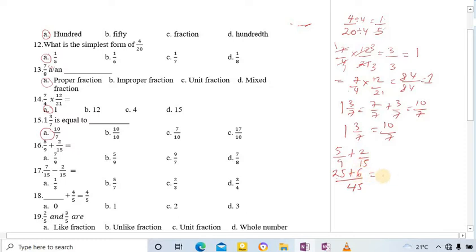So we have 31 all over 45. Our answer is 31 out of 45, and unfortunately it's not part of the possible answers, so we put it here, 31 all over 45.